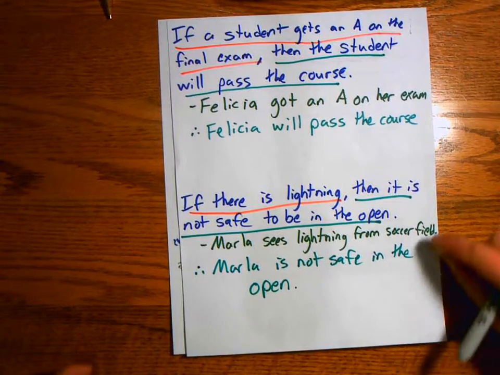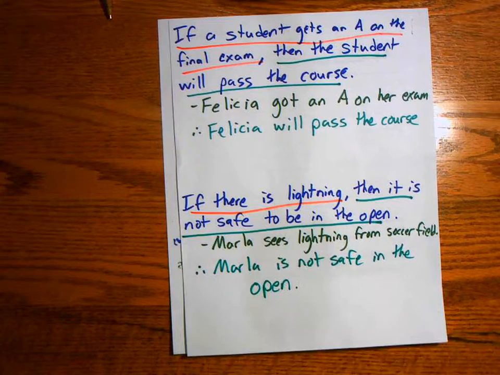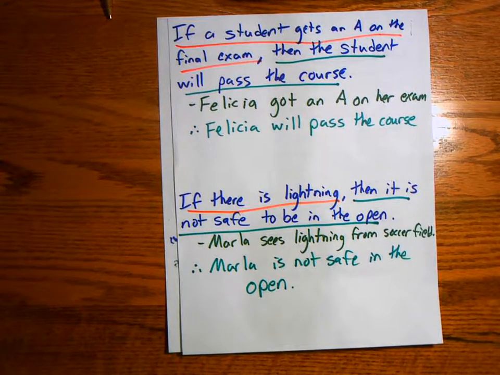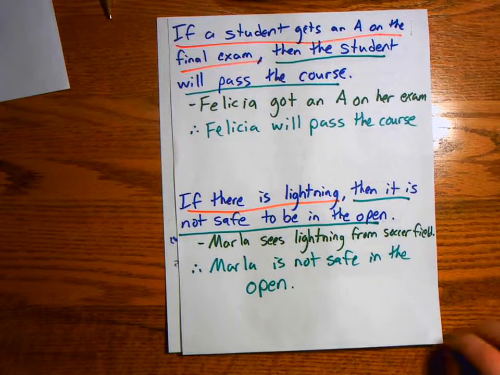Again, replacing this statement with my hypothesis, since she sees lightning and there is lightning, I can conclude, based on my conditional statement, that it is not safe to be out in the open. This is using the law of detachment. If P then Q, P is true, therefore Q must be true.